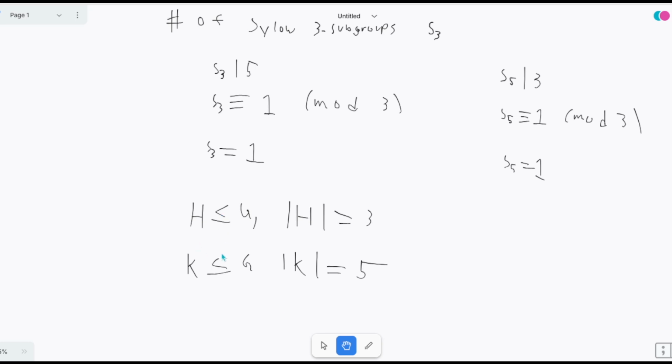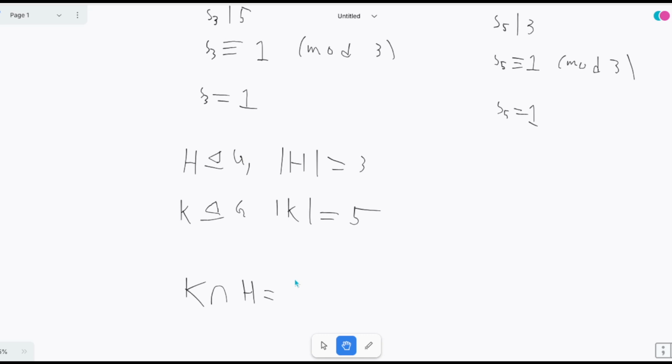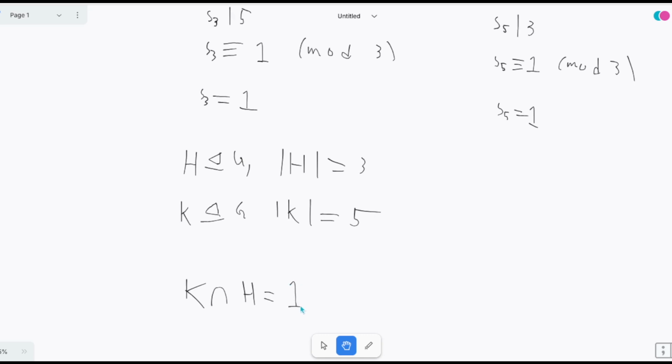So both of these are normal. So their intersection is not the identity, rather it's the trivial group, containing only the identity.